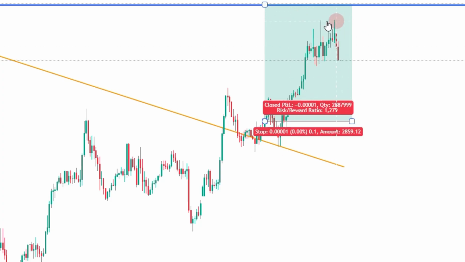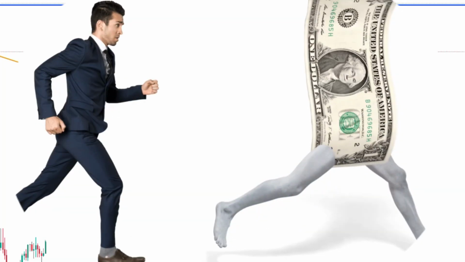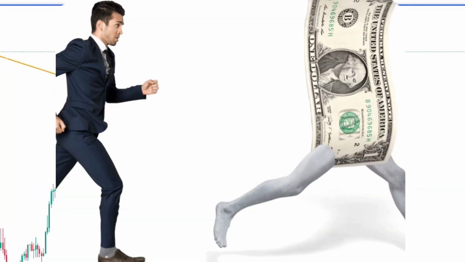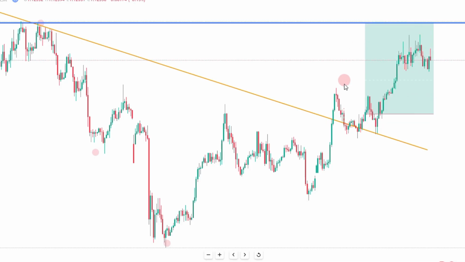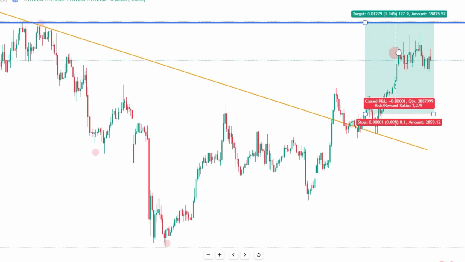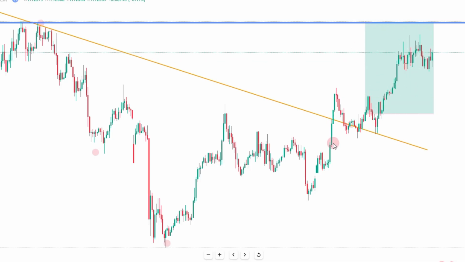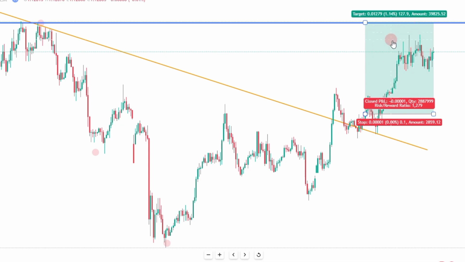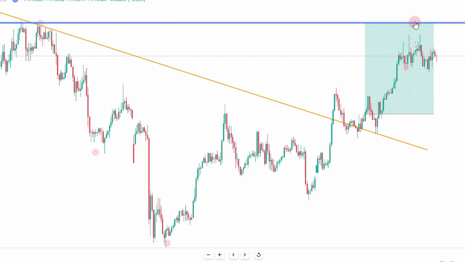All these wick rejections, take your profits and get out of there. No need to be holding for your 1 to 3 when you've got more than 3/4 of the move, basically. Look, 3/4 of the move, right? So these wick rejections, yeah, pay attention to them. So you get price doing all of this, you just take your profit and come out.